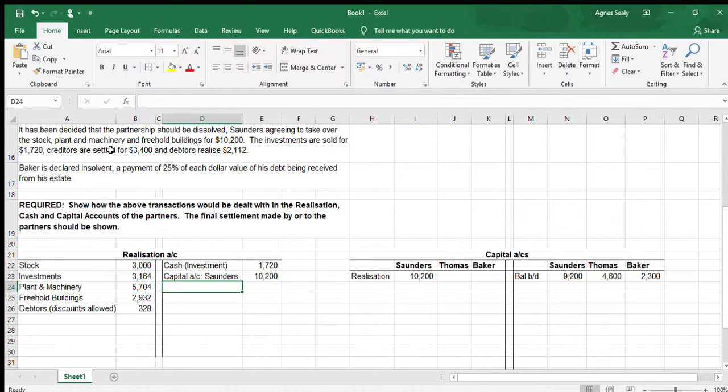So now let's look at our creditors. So we are settling our creditors for $3,400, which means this is the amount of money that we're going to pay our creditors.